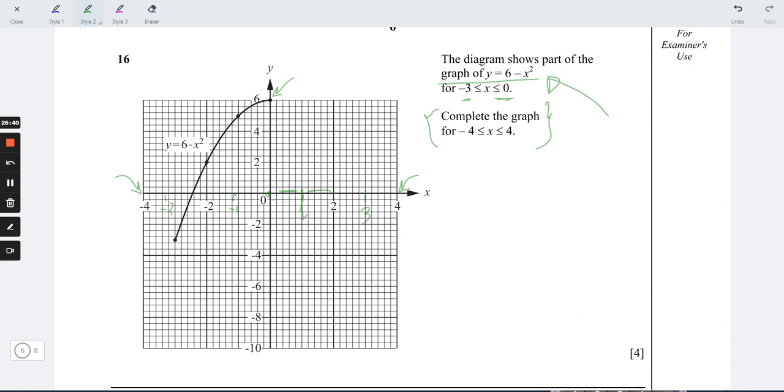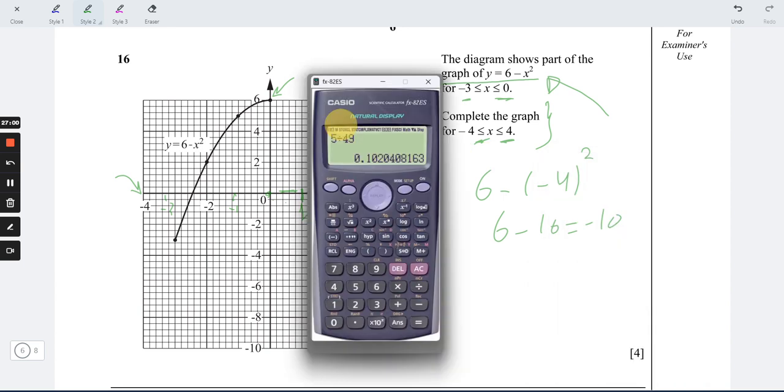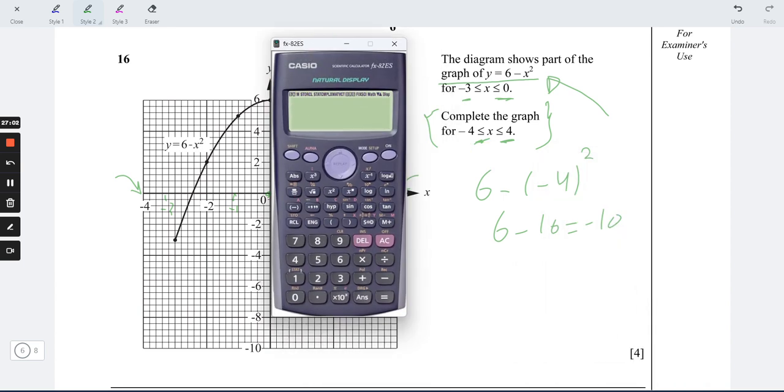Now, for minus 4, we should substitute, because here we have an equal sign and here also 4 with an equal sign. So 6 minus 4 to the power of 2, you will get 6 minus 16, which is equal to minus 10. Also, you can use your calculator here if you have difficulties working with negatives. So 6 minus, between two brackets, minus 4 to the power of 2, equals minus 10.